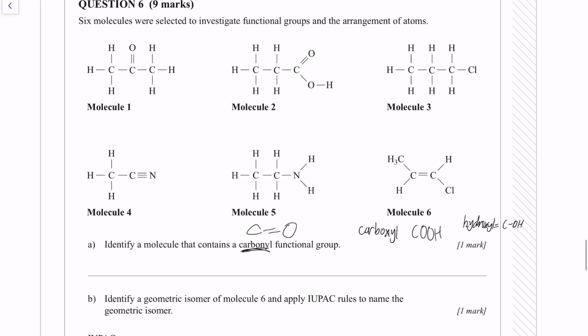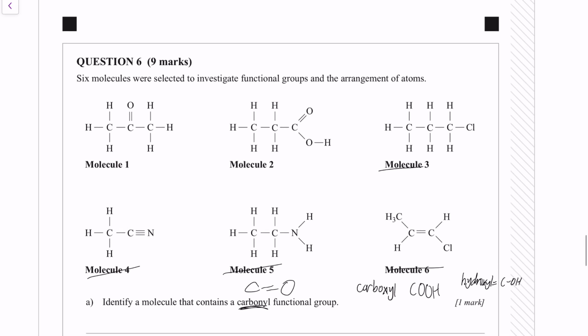And so the one with the carbonyl group, it's not going to be 4, it's not going to be 5, not 6, not 3. Now it's between 1 and 2.